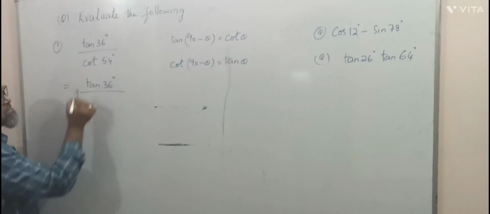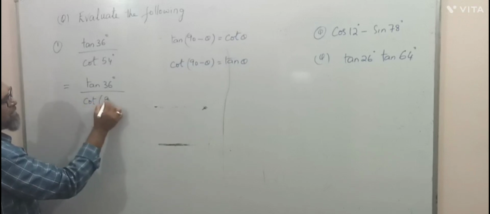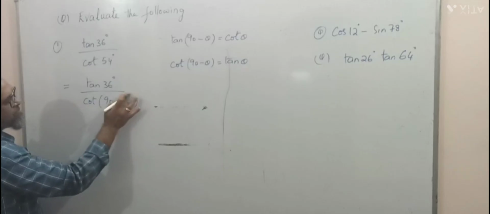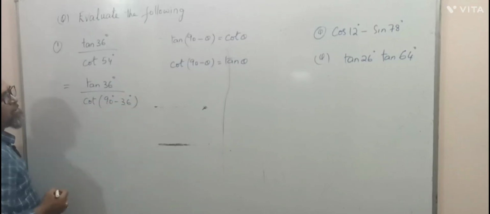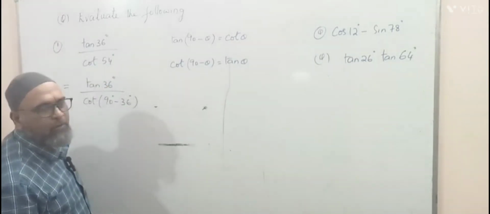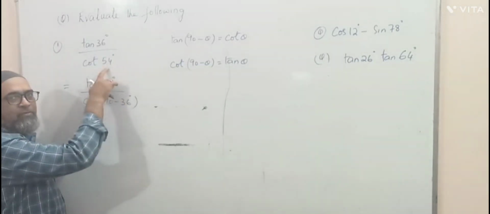How I am changing this? Cot 54, I will write it as cot 90 minus 36. 90 minus 36 is what? 54. 90 degree minus 36 degree is 54 we will get.